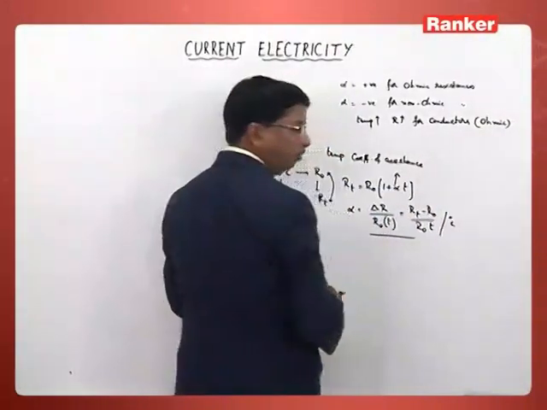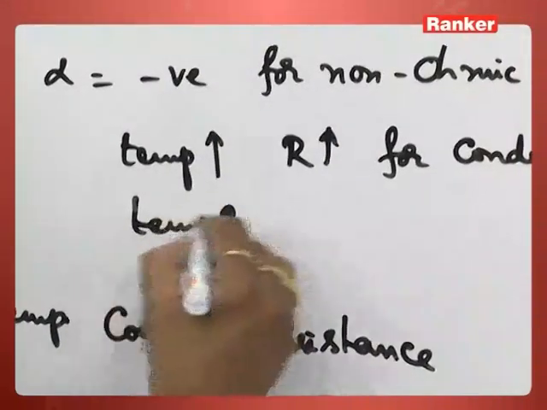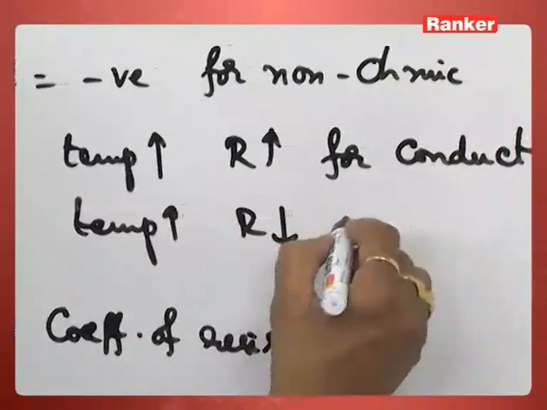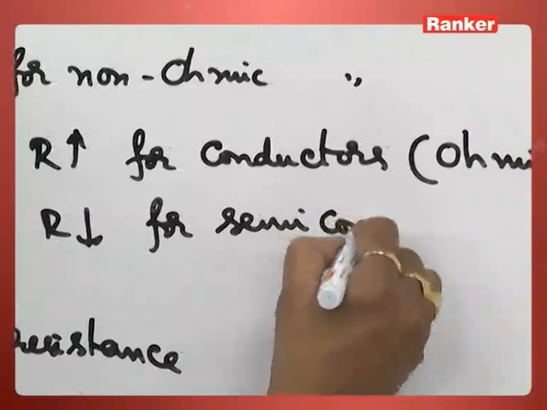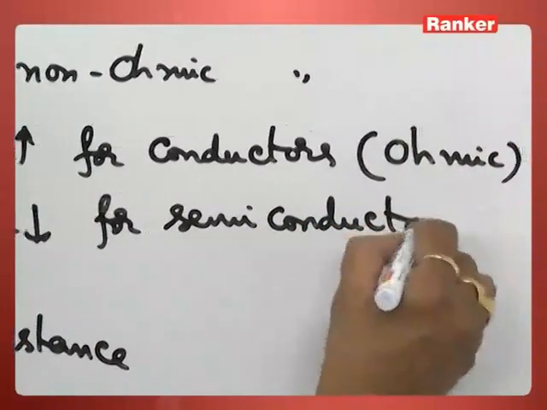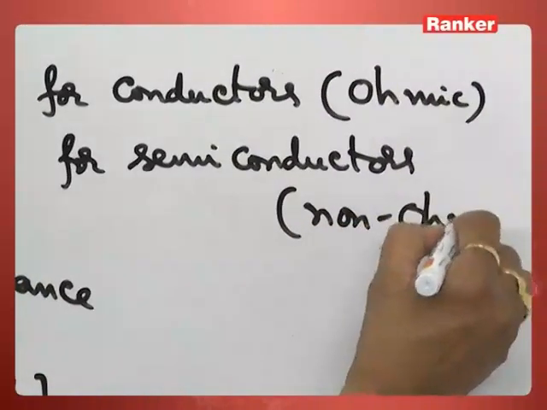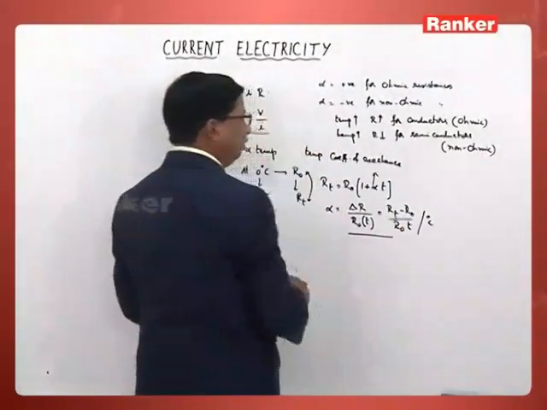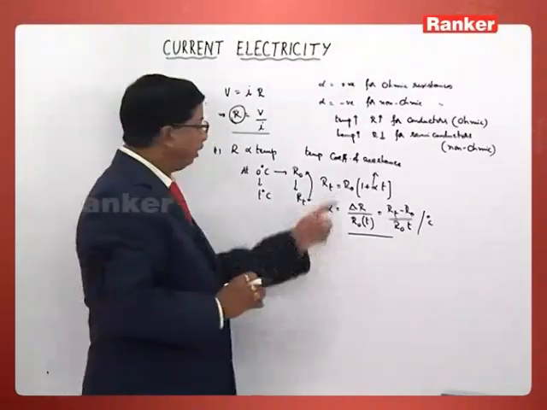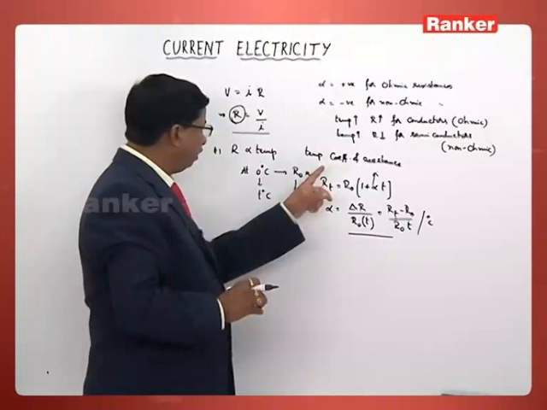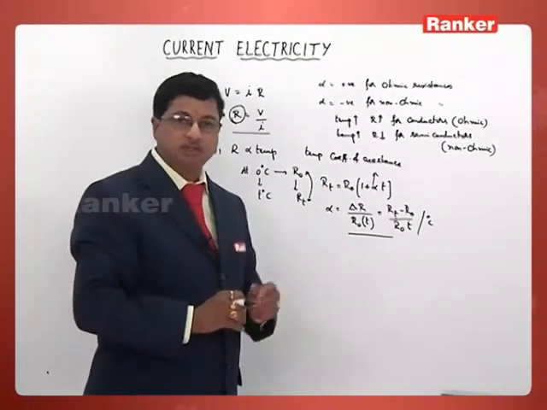Whereas when temperature increases, the resistance decreases in the case of semiconductors, which come under the category of non-ohmic resistances. So these are the basic theoretical points one should remember about alpha, the temperature coefficient of resistance.